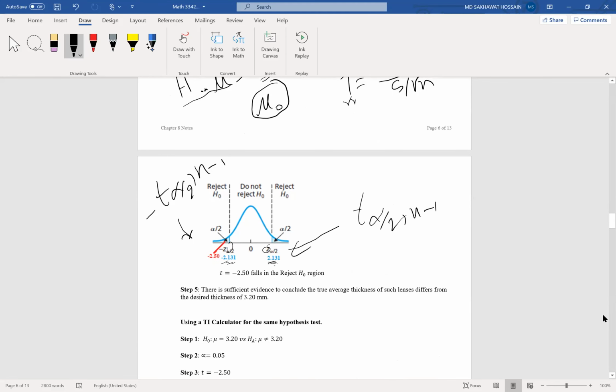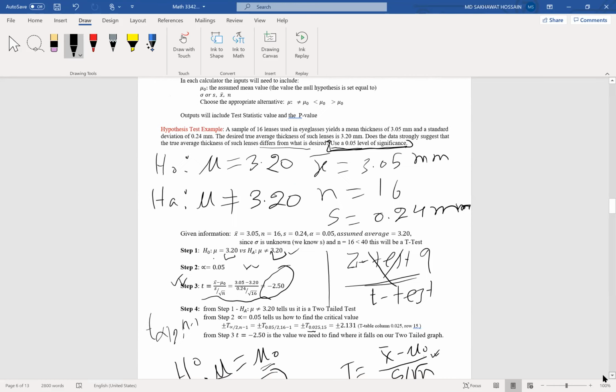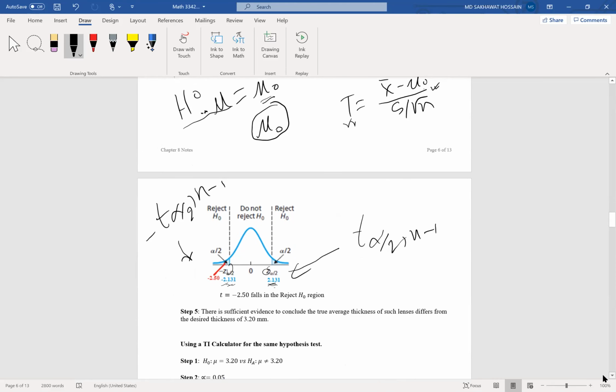Okay, so the test statistics we found is negative 2.50, right? So this is our test statistics. Now we'll compare the test statistics with our critical values. We have two critical values. One is negative 2.131, the other one is 2.131. The left side of the negative value is a rejection region, and the right side of the positive value is the other rejection region. Now you check where the test statistics falls.